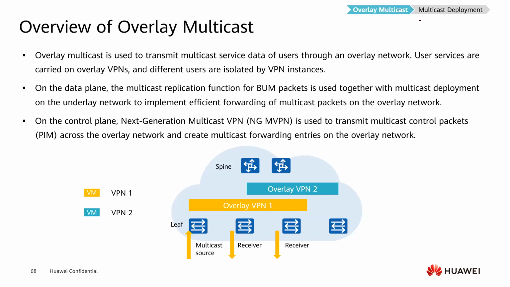Also on the control plane, next generation multicast VPN is used to transmit multicast control packets across the overlay network and create multicast forwarding entries on the overlay network. So we will use another protocol. It is not EVPN, it is NG MVPN. We will use this VPN to implement the control plane of the overlay multicast.